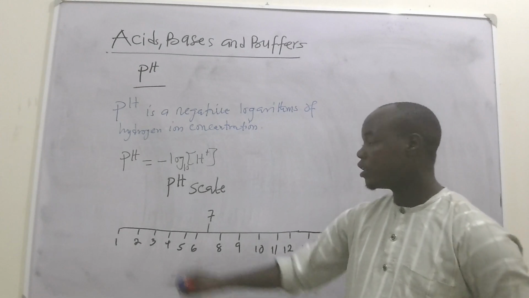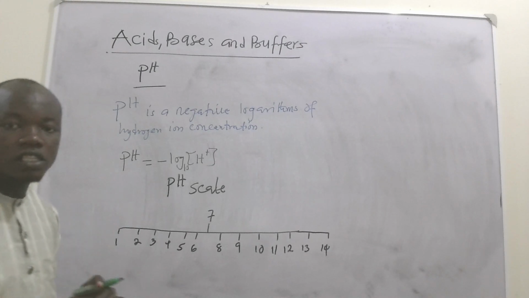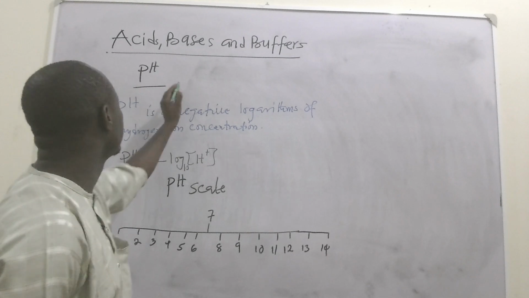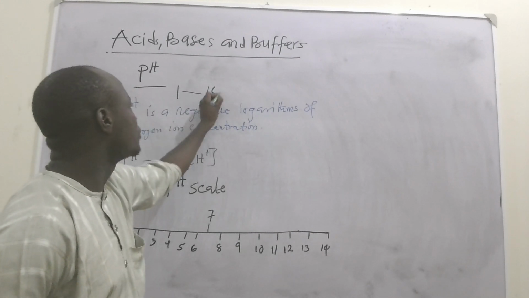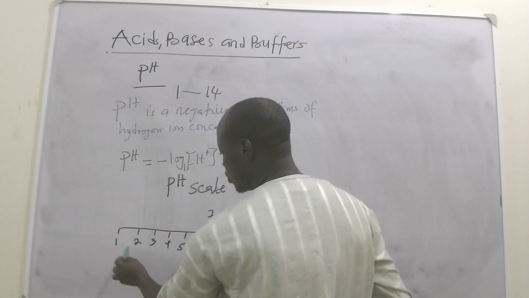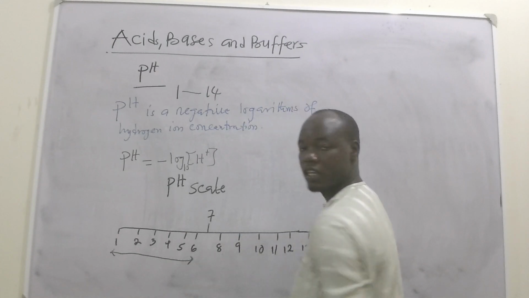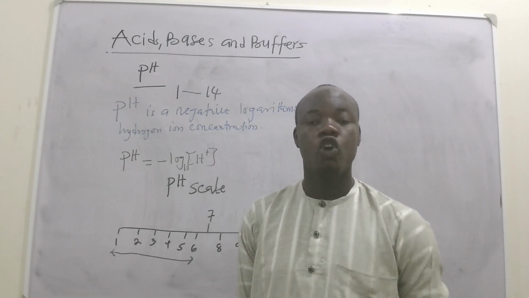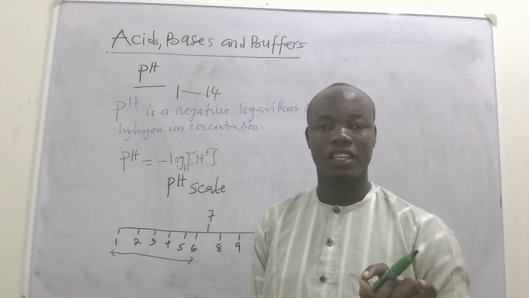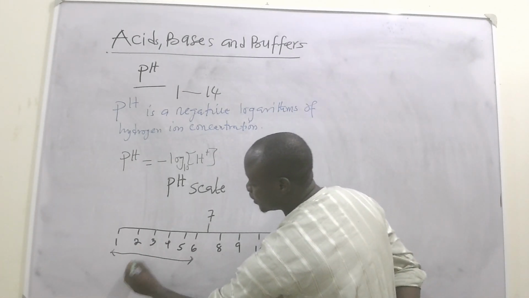So this is how the pH scale operates. The pH generally has a range between 1 to 14. Any substance that has a pH of 1 to 6, that material or substance or solution is acidic.